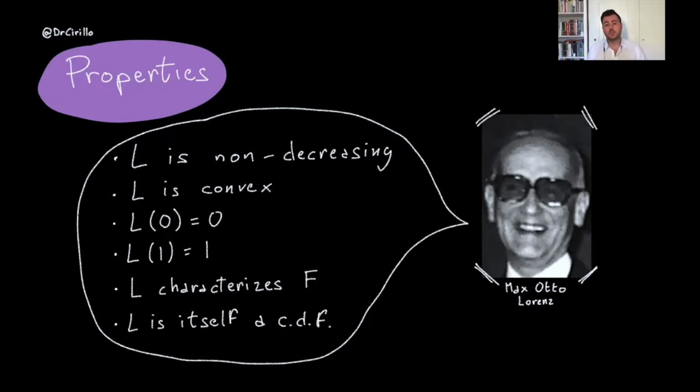So a Lorenz function can be seen as a cumulative distribution function of a specific random variable, which is not the random variable x for which my function L is the Lorenz function, but another random variable that in inequality studies has an interesting use, or that, for example, together with co-authors, I have used in copulas and other things. But it's nice to observe that L itself can be read as a CDF.